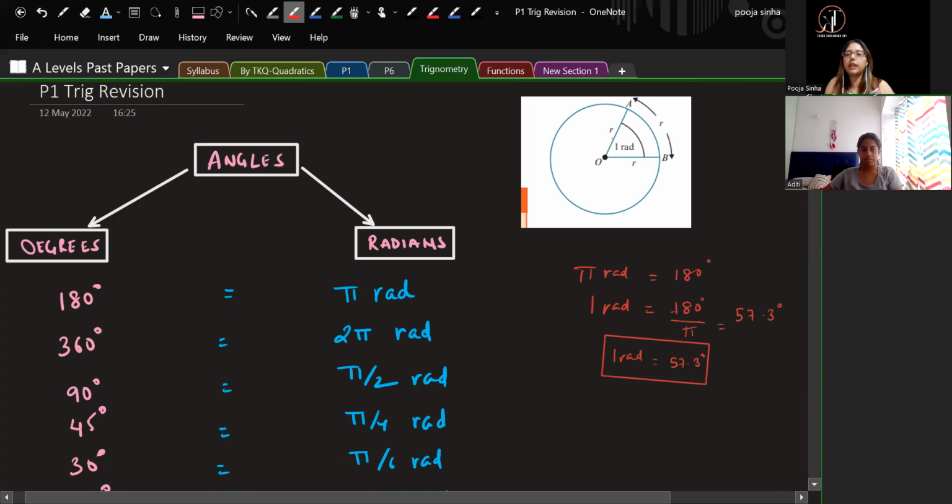Or I can say if I make an angle of 1 radian, my radius will be equal to the arc length. Clear till here?